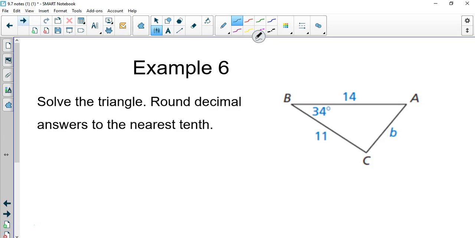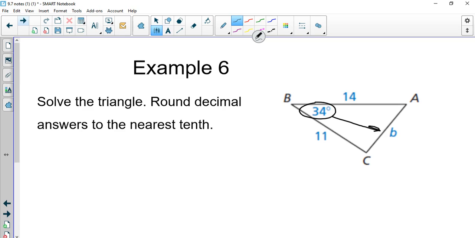Okay, so example 6. Solve the triangle. So we have angle B. So we're going to try to use law of cosines to find side B. I misspoke before.